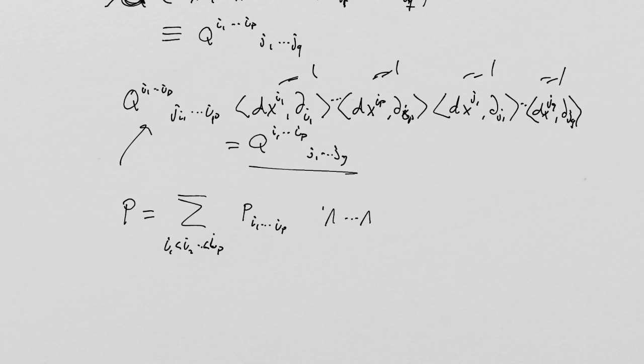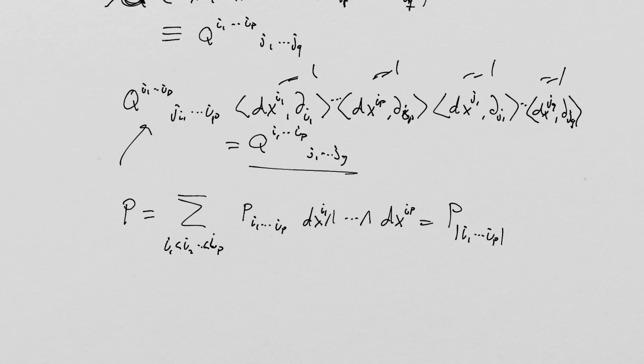Since I'm doing this in the coordinate basis, I should stay in the coordinate basis, dx i1 wedge through dx ip, like that.